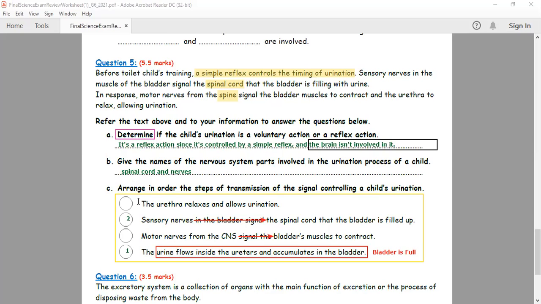That's right. The sensory nerves take the messages, bravo Angelina, to the spinal cord. The third one is the motor nerves from the CNS, bravo, signals. Bravo Lamar. And the fourth, the last one, is the bladder muscles contract and the urethra must relax to allow urination. Urination happens. Is this clear? Yes. Okay, great.